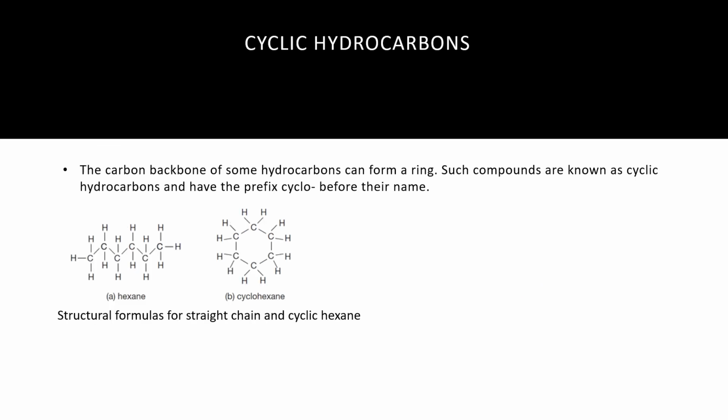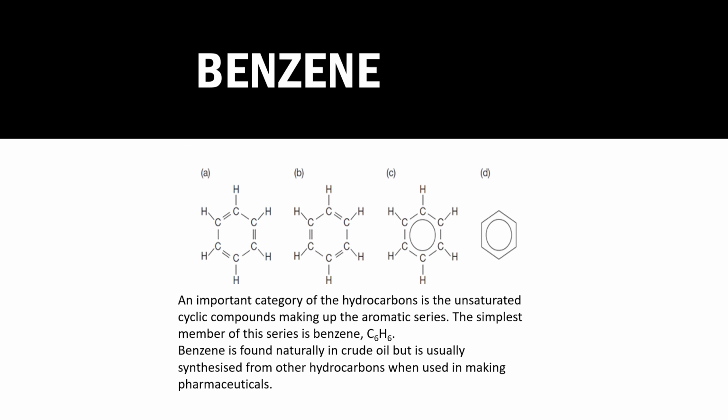The carbon backbone of some hydrocarbons can form rings. Such compounds are called cyclic hydrocarbons and have the prefix cyclo before their name. This is normal hexane. This is cyclohexane, like circular hexane. This is benzene, a cyclic unsaturated compound.